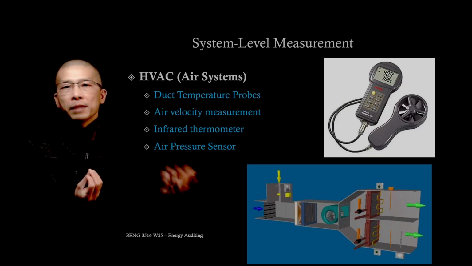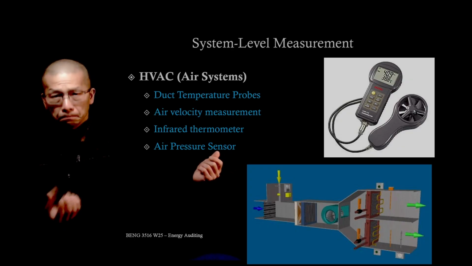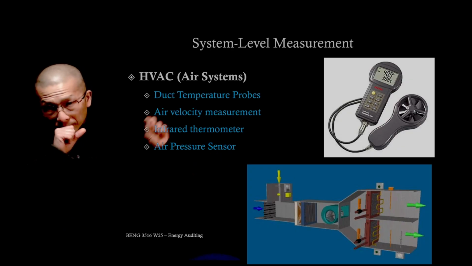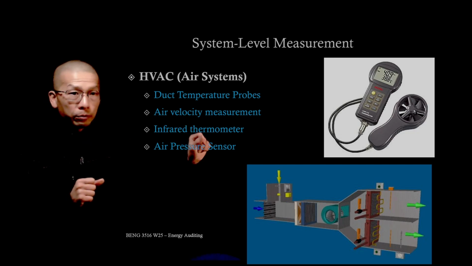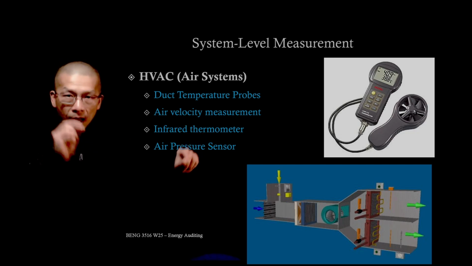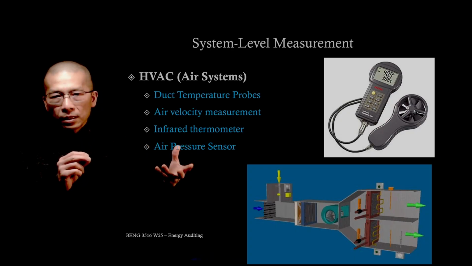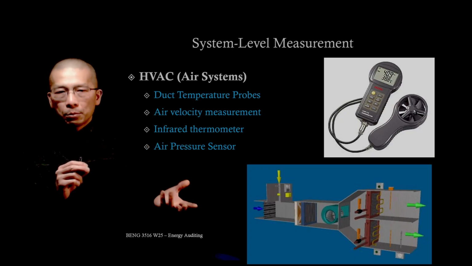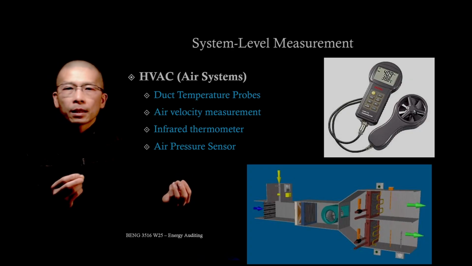They are used to measure air temperature inside the duct, air handling unit, by putting the probe both upstream and downstream, so you know if the heating element and cooling element are working properly and as intended, right?